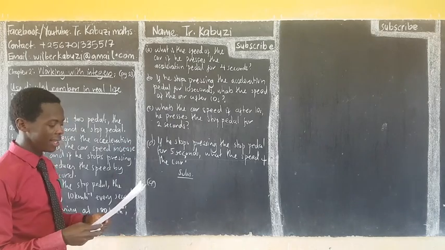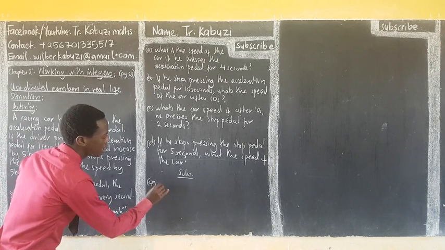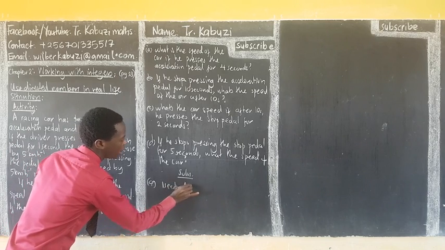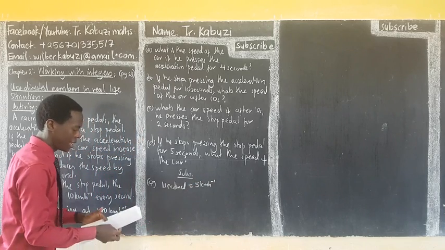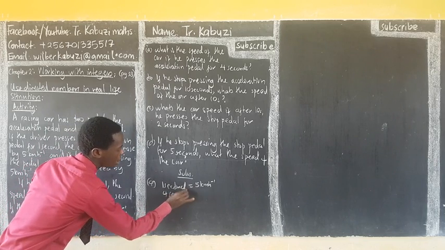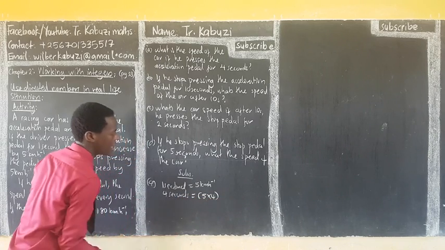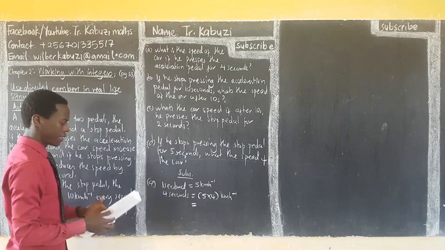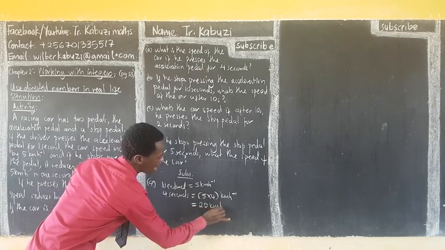What they did is, 1 second equals 5 kilometers per hour. Then for the 4 seconds, the speed would have increased by 5 times 4, in kilometers per hour. So for 4 seconds, the speed has increased by 20 kilometers per hour.